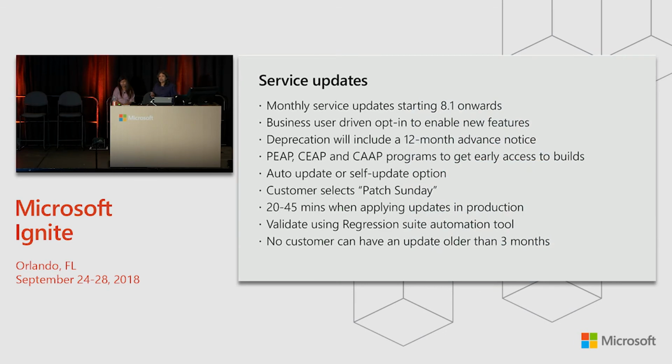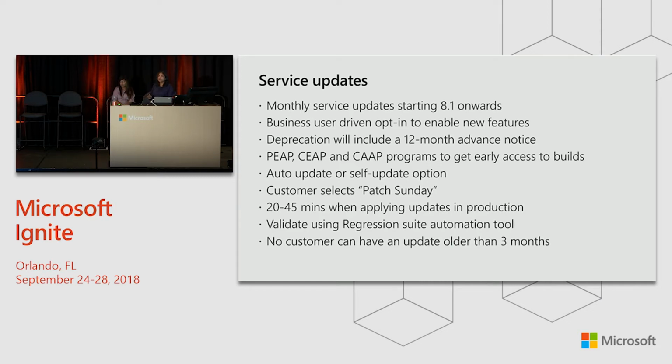Starting with 8.1, there will be monthly service updates that you can expect. These updates will be both application and platform together, so there'll be a single package for both. In general, new features will not be enabled by default.